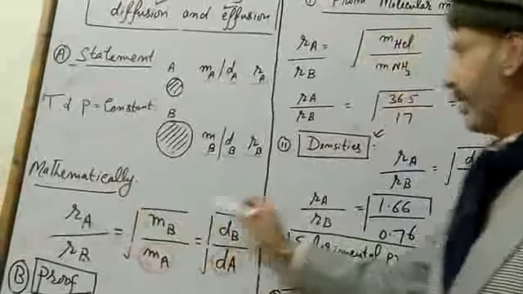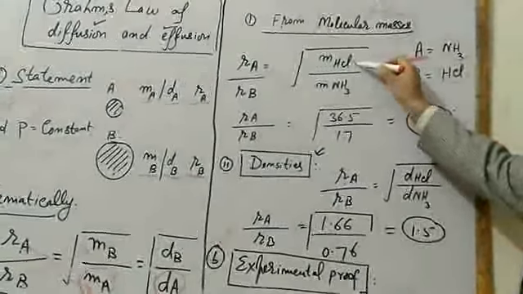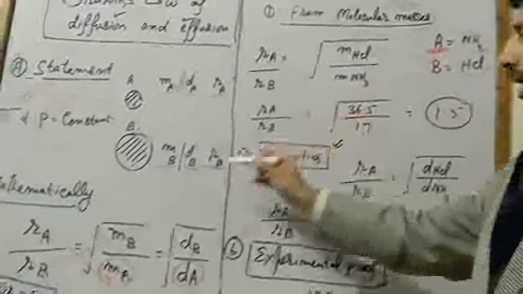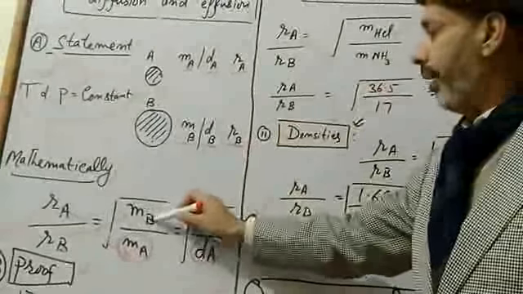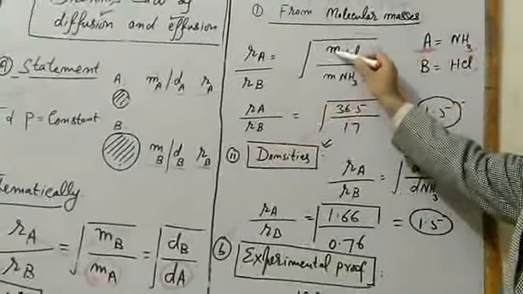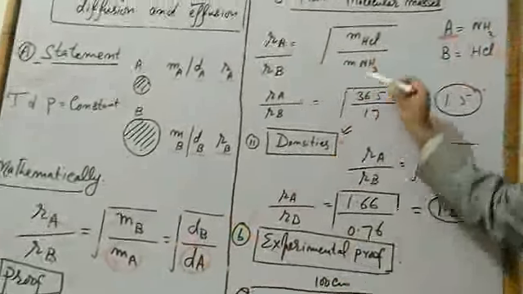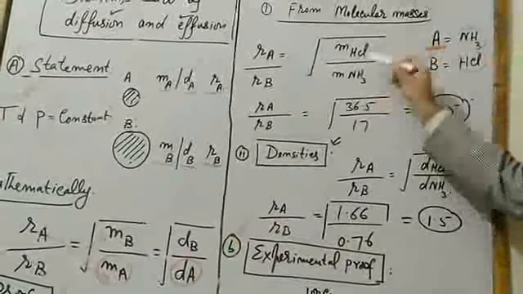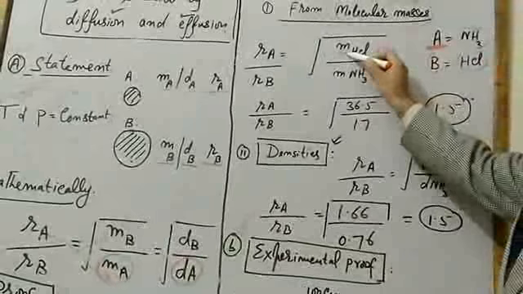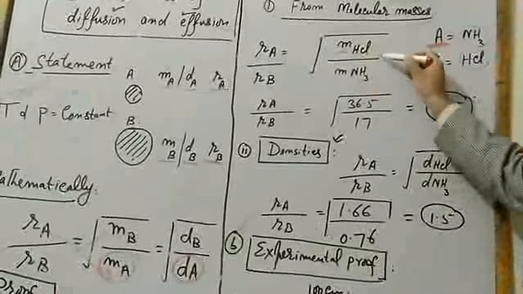Instead of Mb, I will write MHCl. Look in this equation, I have written instead of Mb, MHCl, and instead of Ma, I have written MNH3. Just put the molar mass of HCl over here.